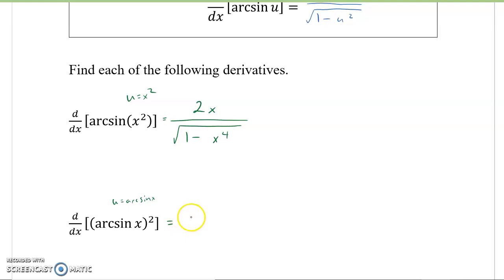So that means we're going to take the power rule, so bring the 2 out front. Our new exponent is going to be 1, but our argument doesn't change. We still have the arc sine of x inside the parentheses. And then we don't forget the chain rule. The chain rule says multiply by the derivative of our argument, and that's just 1 over the square root of 1 minus x squared.